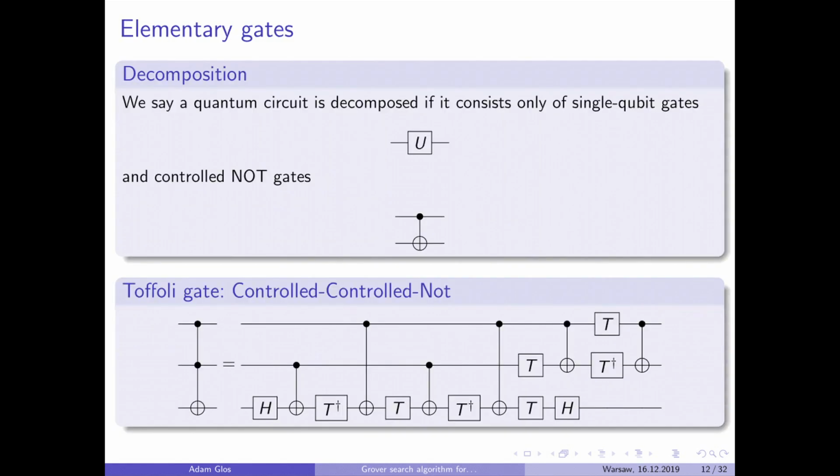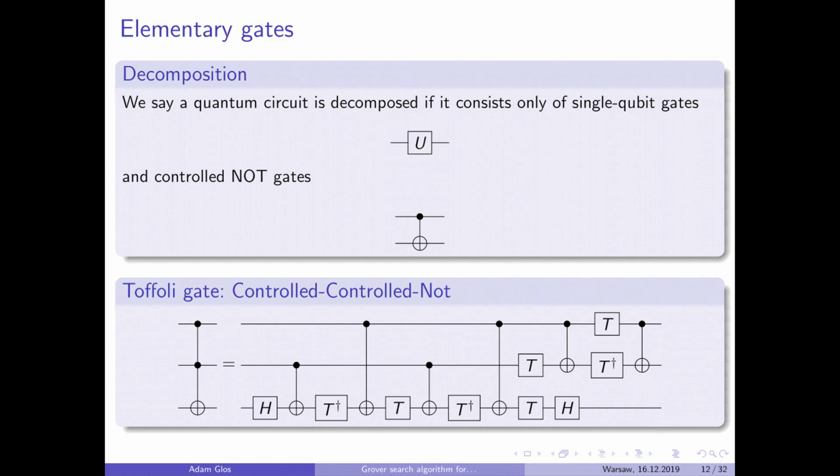Okay, so first of all, what is the decomposition for us? We say that a quantum circuit is decomposed if it only consists of single qubit gates and of controlled-NOT gates. As an example, let us consider the Toffoli gate. The Toffoli gate is a gate that applies NOT on the 3rd qubit if the first 2 are 1s.